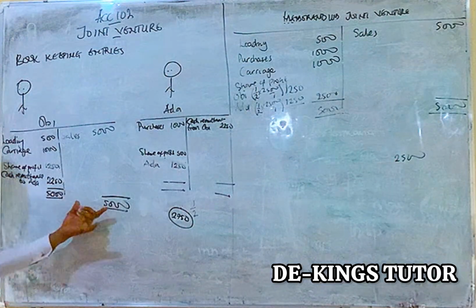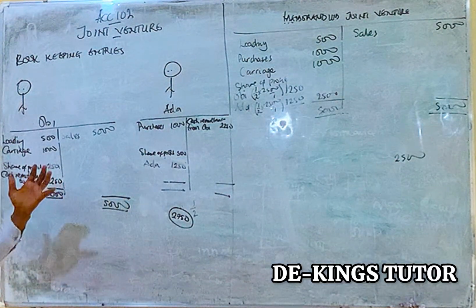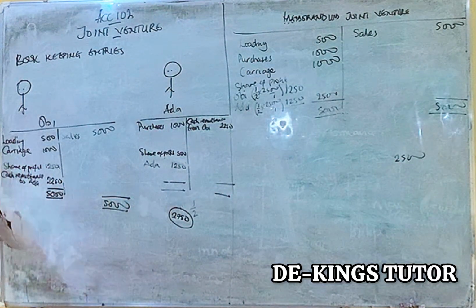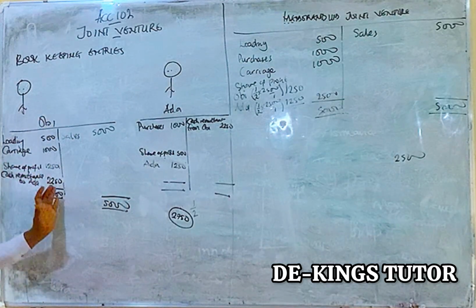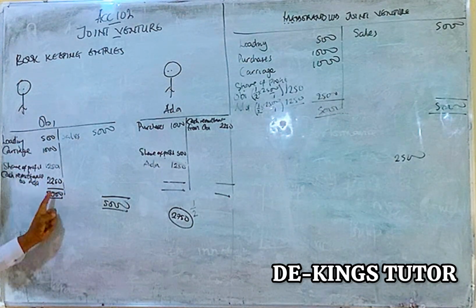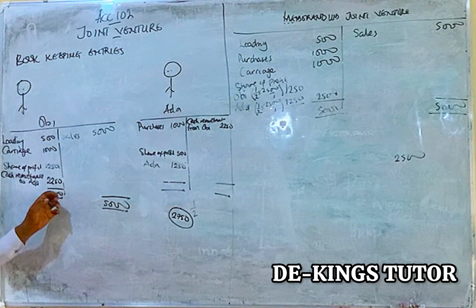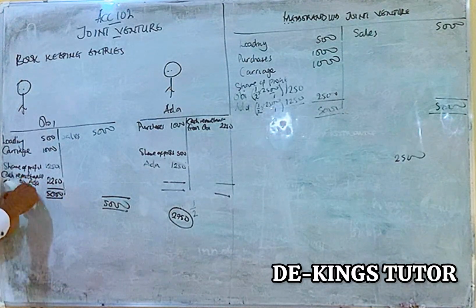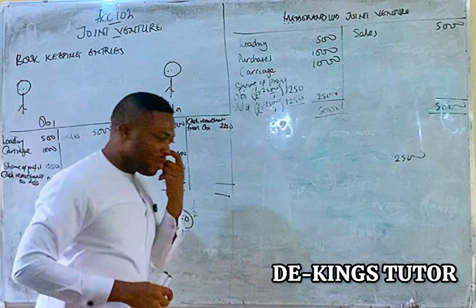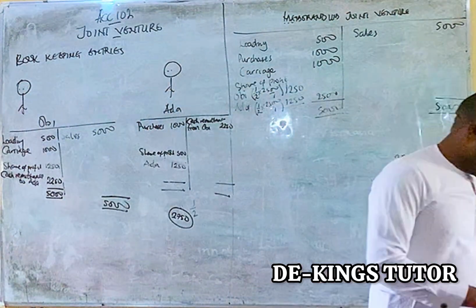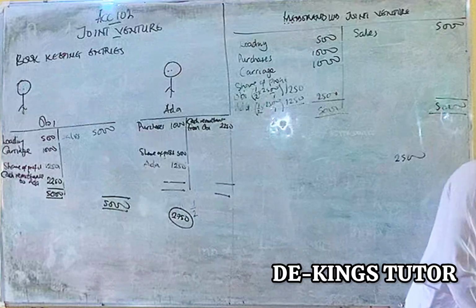But if it doesn't balance, it might either be a debit balance or credit balance. If the credit side is greater than the debit side, it means there's a credit balance, meaning that venturer has received more. You're supposed to send the balance to other parties that have received less. Any question on that? Okay, now let's continue.